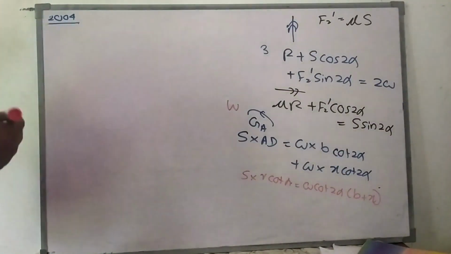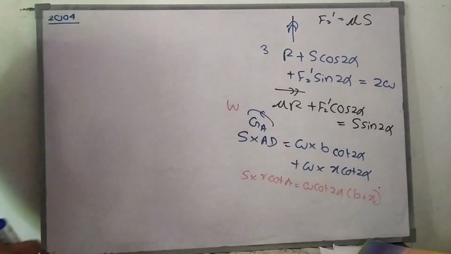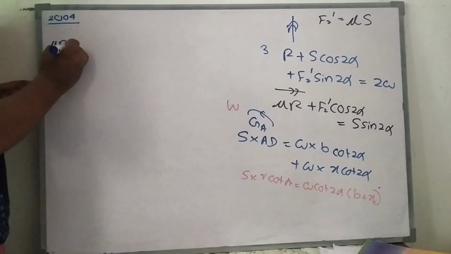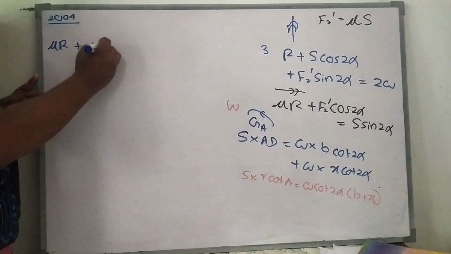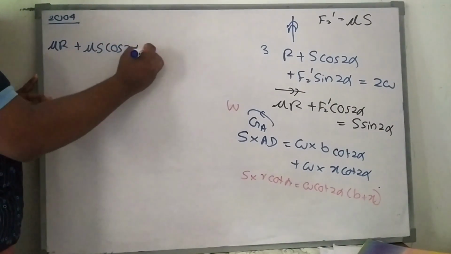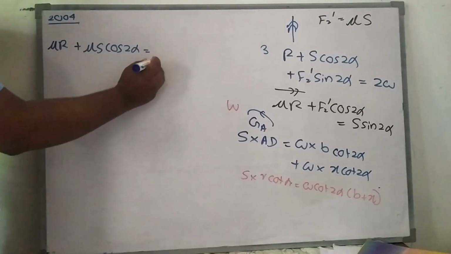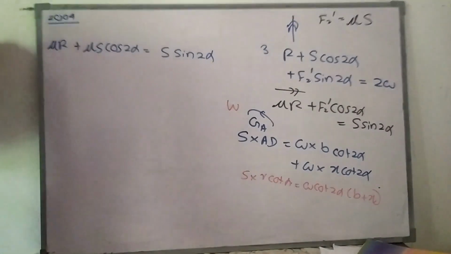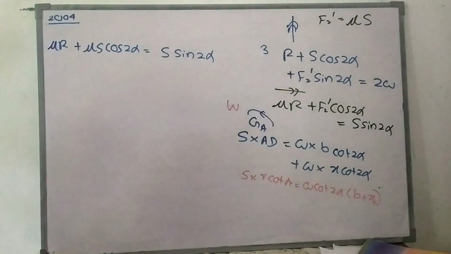Now I'm going to simplify it. I just need to find the S value to substitute into the main equation, the moment equation. So if F2 dash means mu S, I substitute it.